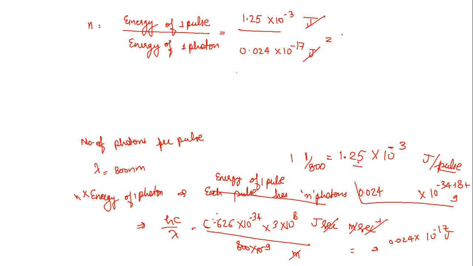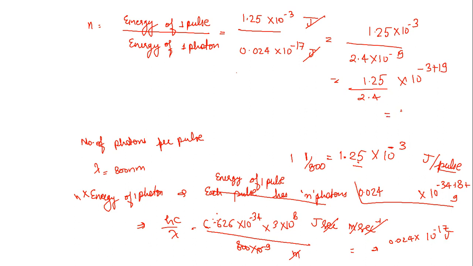Joule to joule is cancelled, and now we are going to correct this. 1.25 into 10 to the power minus 3, and here I am writing 2.4 into 10 to the power minus 19. So it comes to be 1.25 upon 2.4 into 10 to the power minus 3 plus 19, which is 10 to the power 16, into 1.25 upon 2.4.